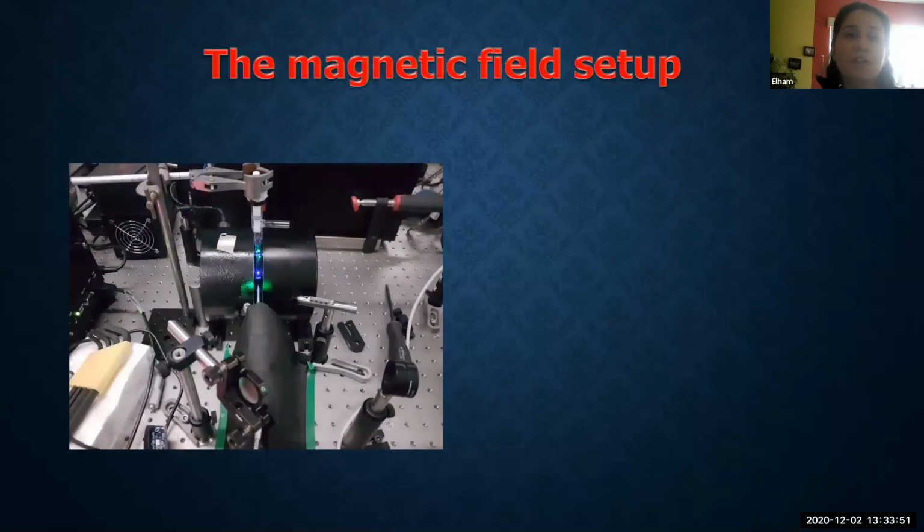The magnetic field setup that we have used was this one. You can see a magnet in here with a field of about 300 Gauss, and the sample is located between these two poles.